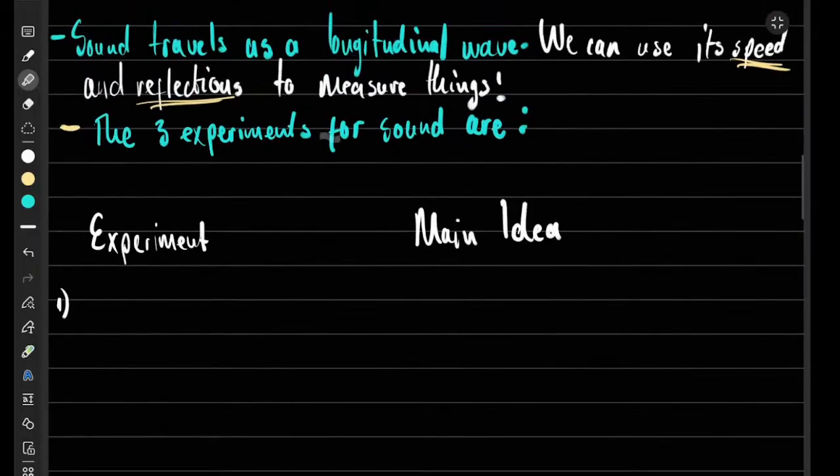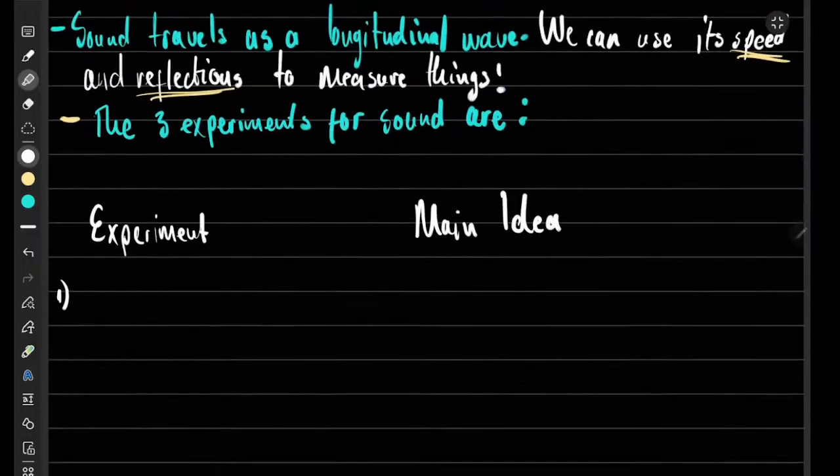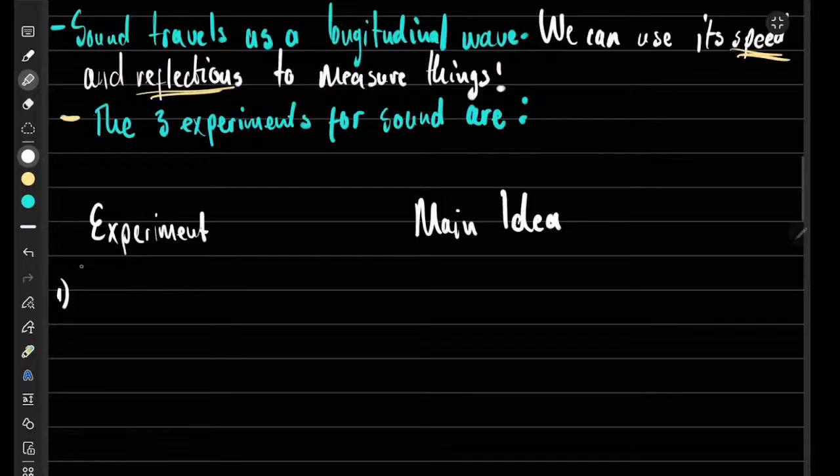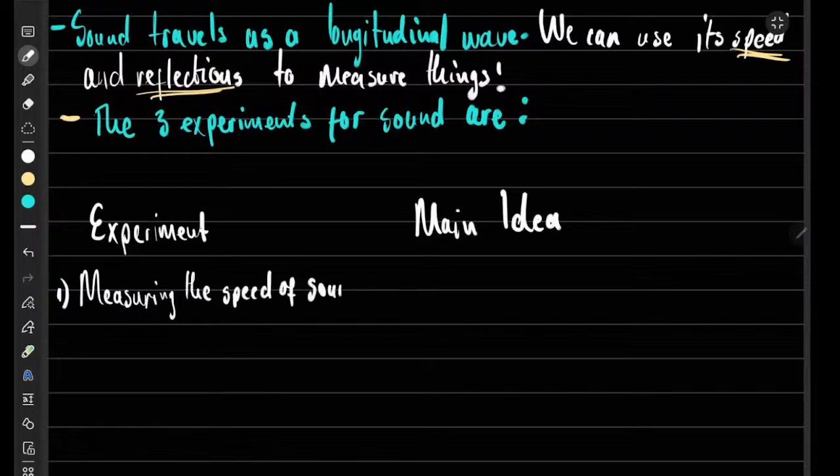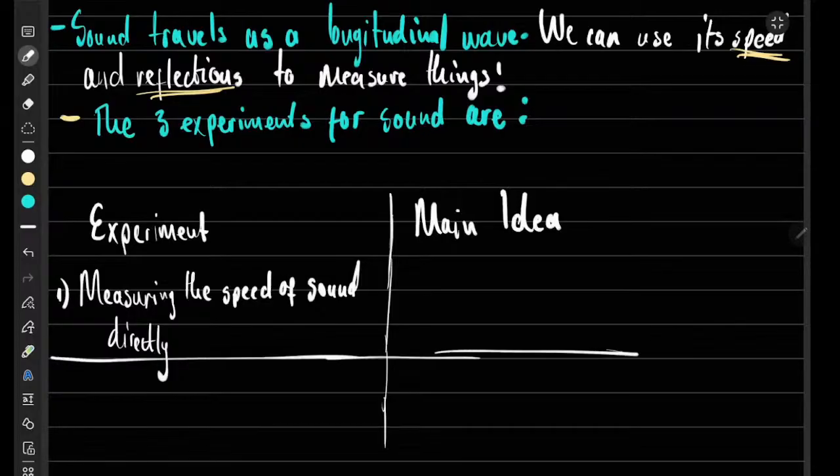I say the 3 experiments for sound are: experiment number 1 is about measuring the speed of sound directly. We're going to be measuring the speed of sound directly to find out what?